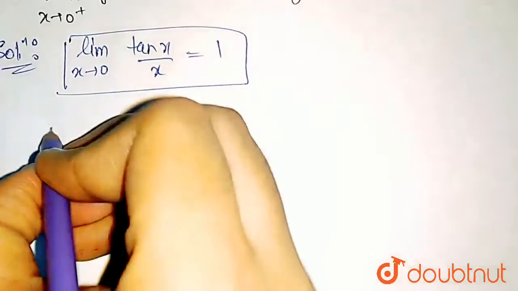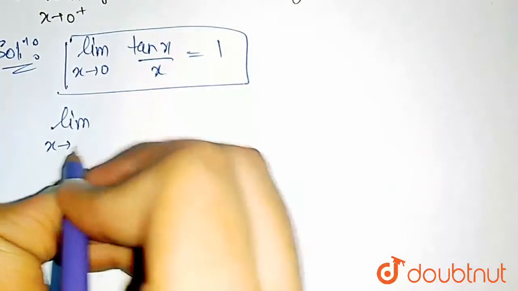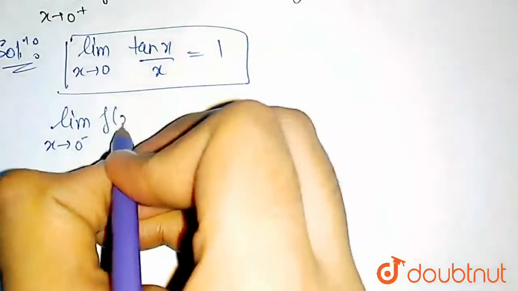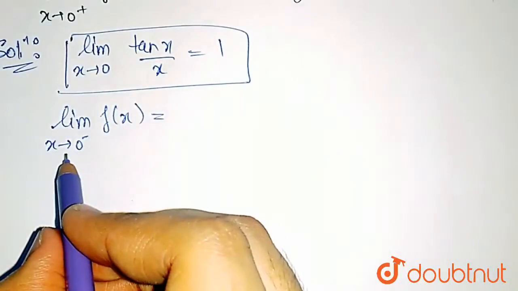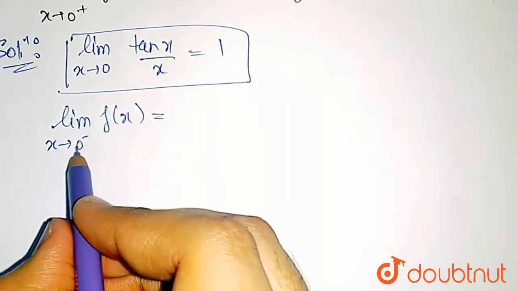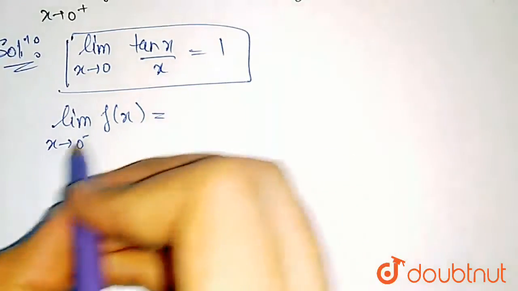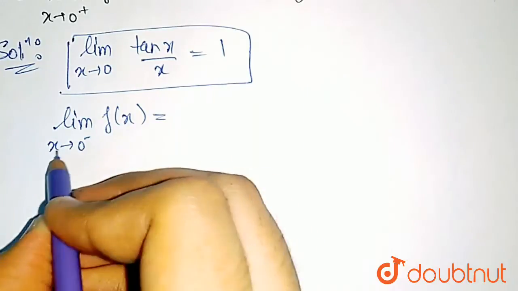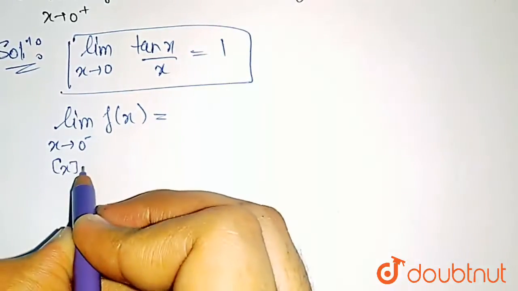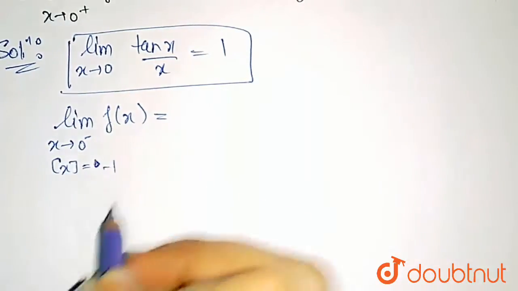The first option says limit x tending to 0 negative of f(x). Since x is tending to 0 from the negative side, the greatest integer function of x would be equal to minus 1.